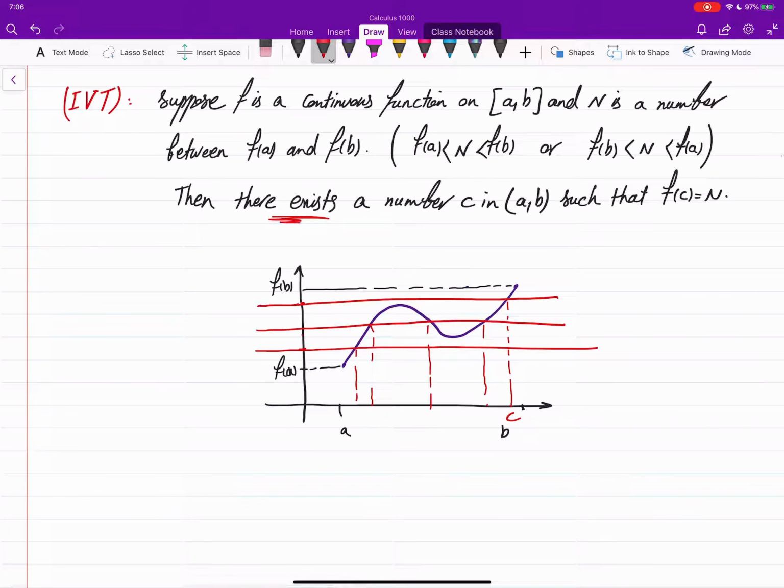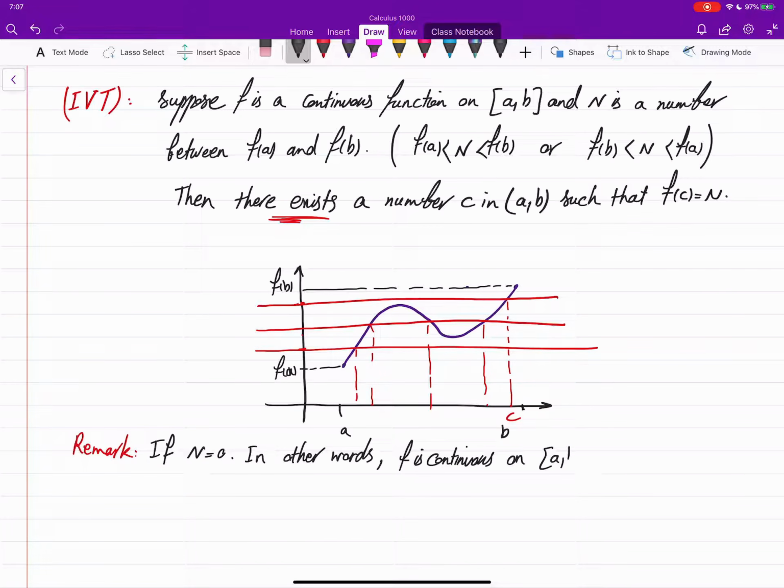And in particular, if you take n equal to 0, in other words, we assume that f is continuous on closed interval a, b, and 0 is between f of a and f of b.